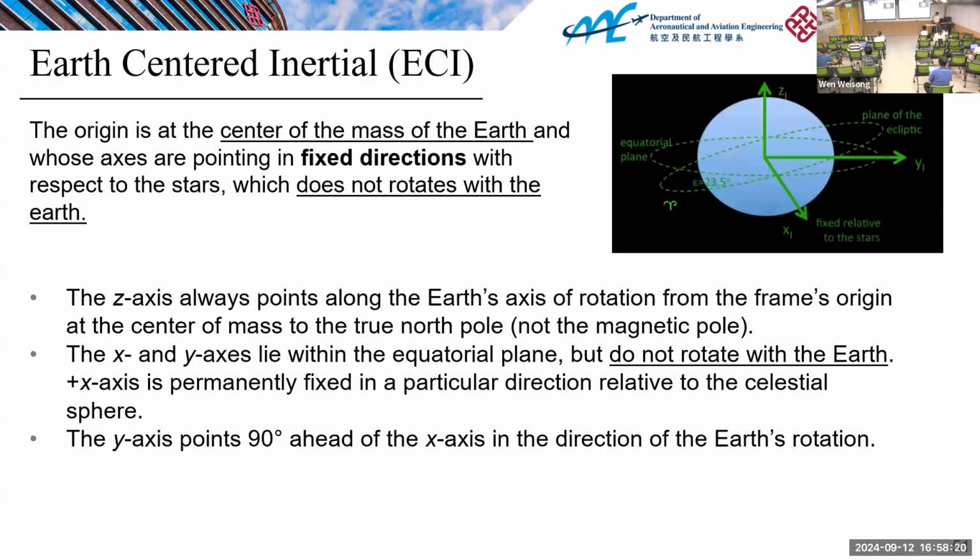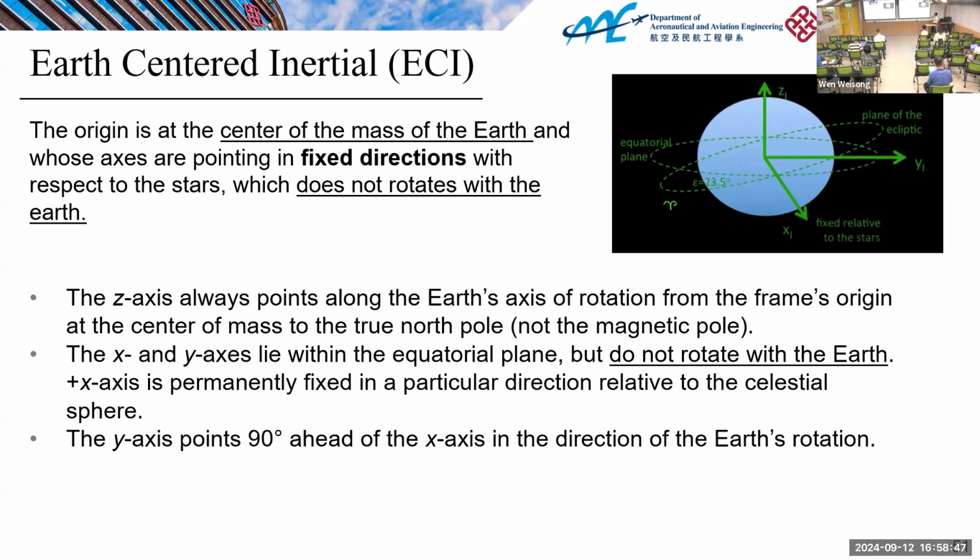So for example, this is ECI. The ECI origin is at the center of the mass of the Earth, and the XY lies in the equatorial plane but does not rotate with the Earth. Remember this term: this coordinate system will not rotate with the Earth.